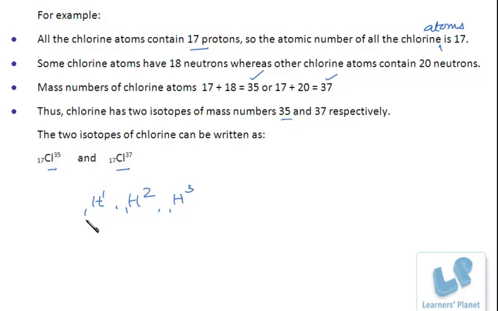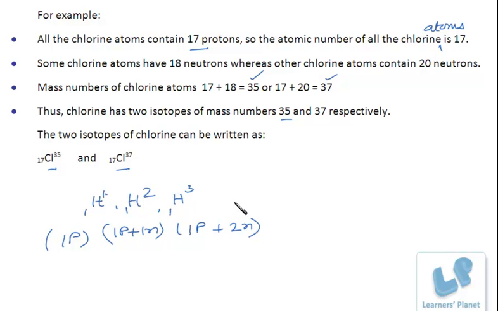It doesn't have a neutron. Deuterium has one proton and one neutron. And tritium has one proton and two neutrons. Hydrogen has only one proton, so the atomic number is 1 and mass number is 1. In deuterium, the atomic number is 1, whereas the mass number is 2. In tritium, the atomic number is 1 and the mass number is 3.